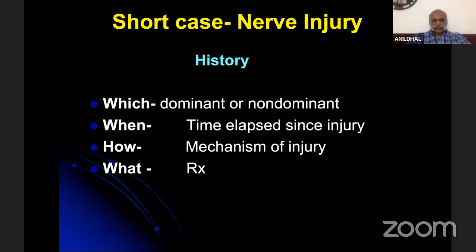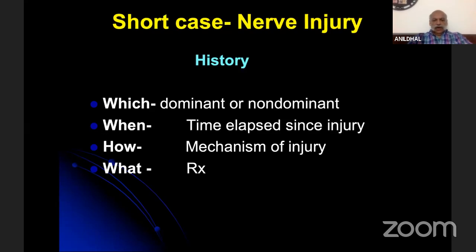So this gives us the time elapsed since injury, because again, one of the most important factors for the final outcome of a peripheral nerve repair surgery is the injury to reconstruction or repair time. As the time increases, the chances of an optimal result are declining.